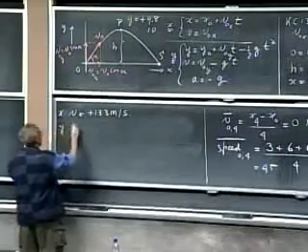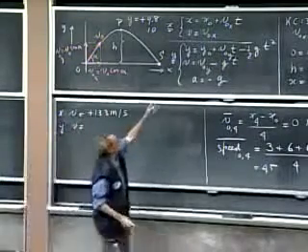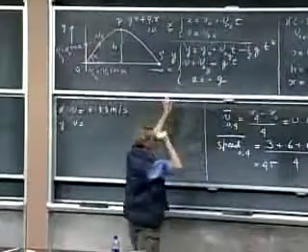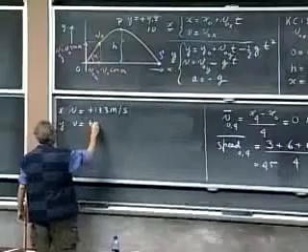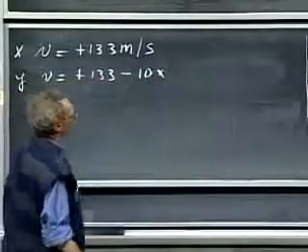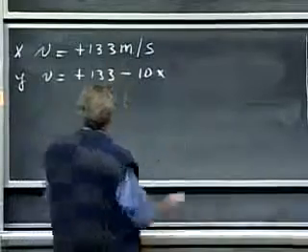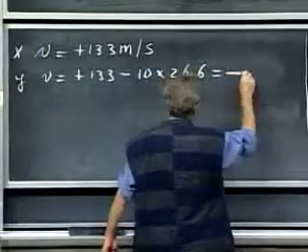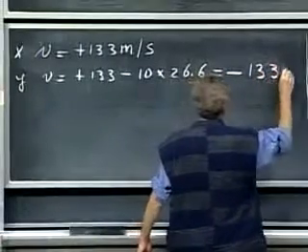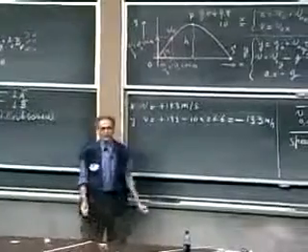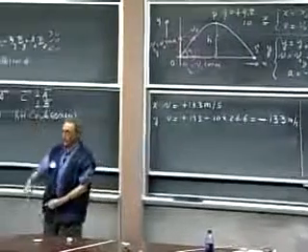What is the velocity in the y direction? I have to go to this equation now: V0y minus gt. So I get plus 133 minus 10 times the 26.6 seconds to reach that point S. And what do I find? Minus 133 meters per second. The velocity in the y direction started off plus 133, but now it is minus 133.